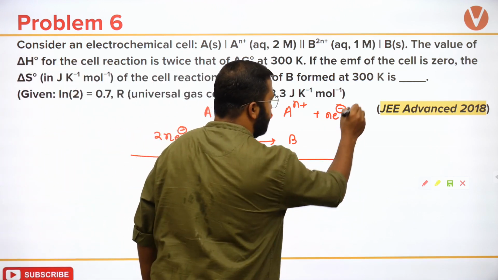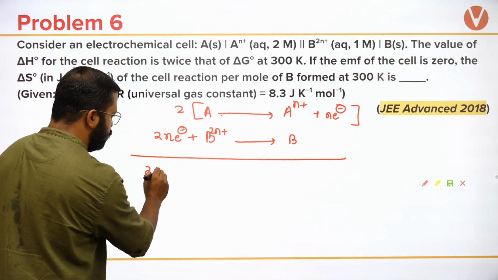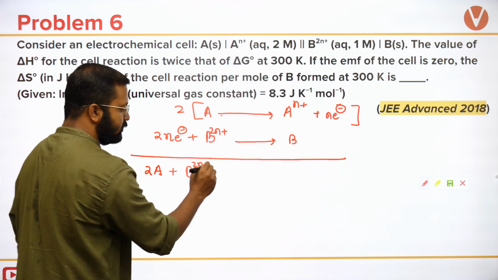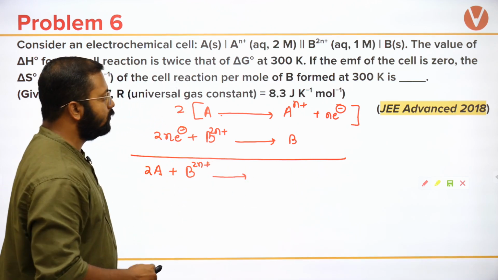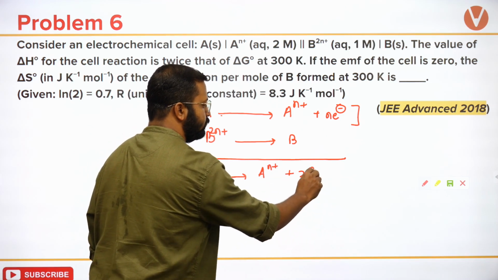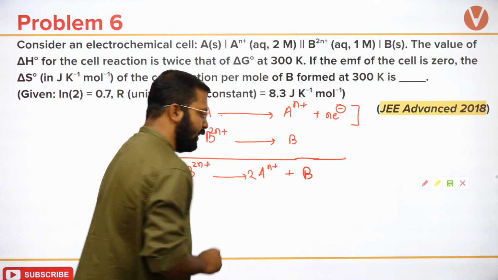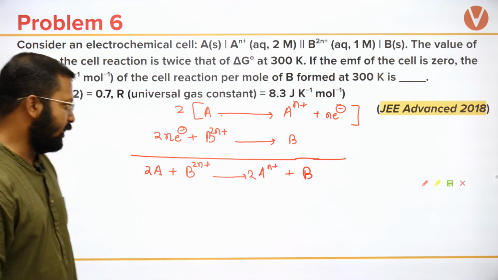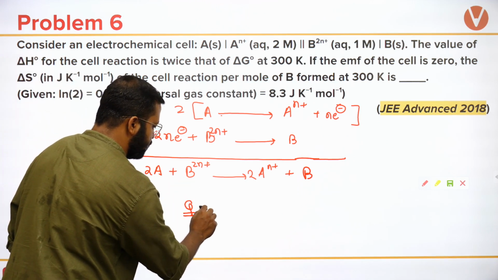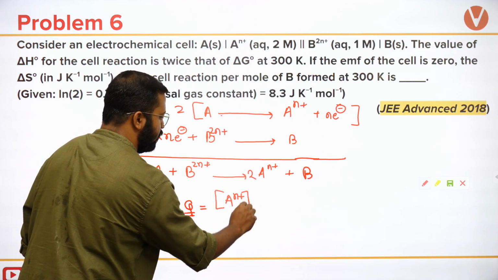So if I multiply this with 2, I will write the equation as 2A plus B 2n+ changes to 2A n+ plus B.